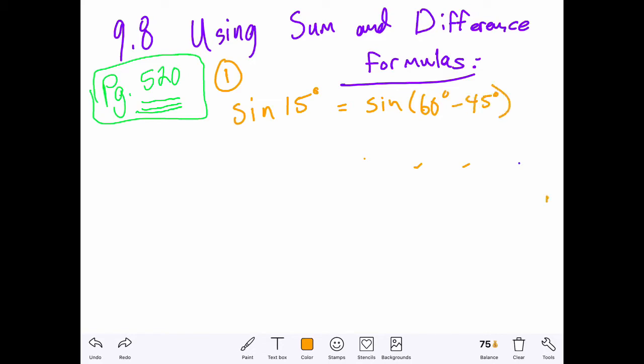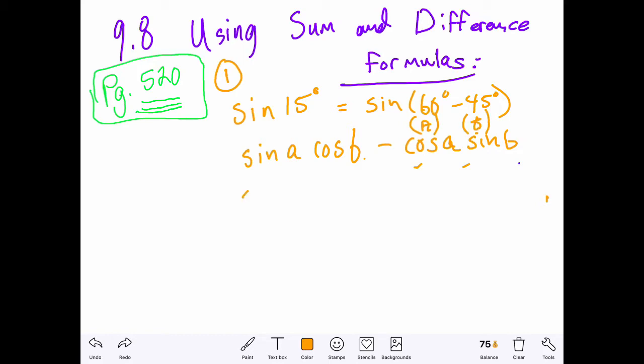Now I have the form sine of A minus B, which is sine A cosine B. Let me just write the general form. Minus cosine A sine B. And these are again my A and my B.